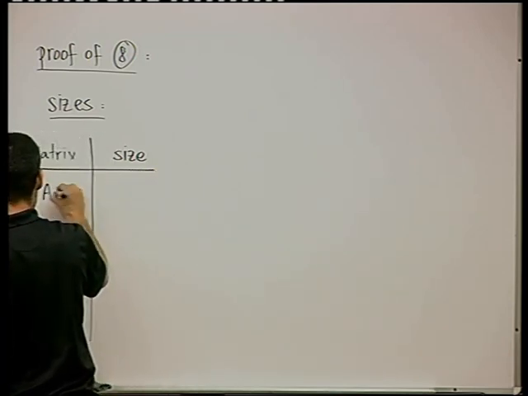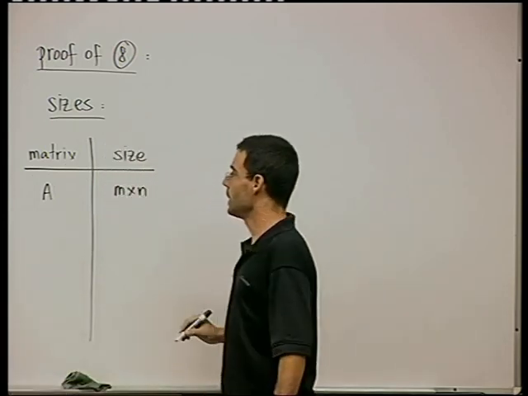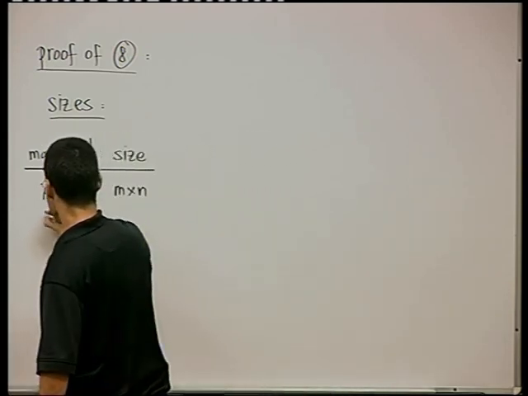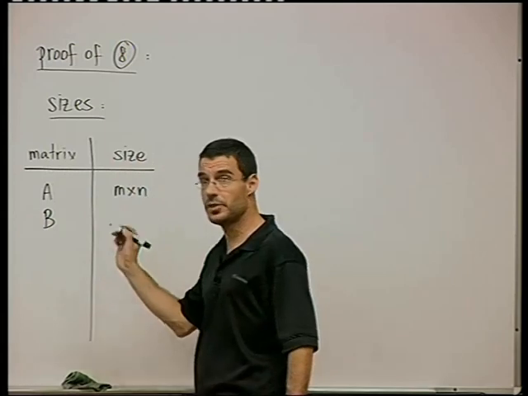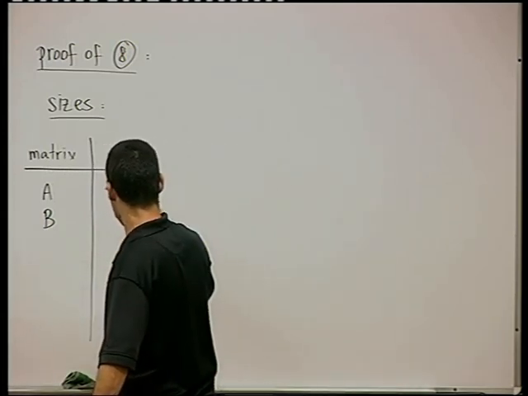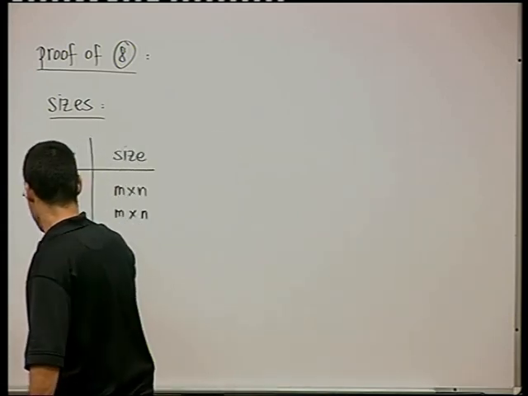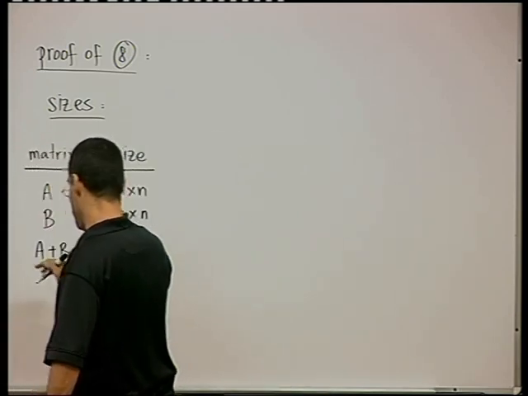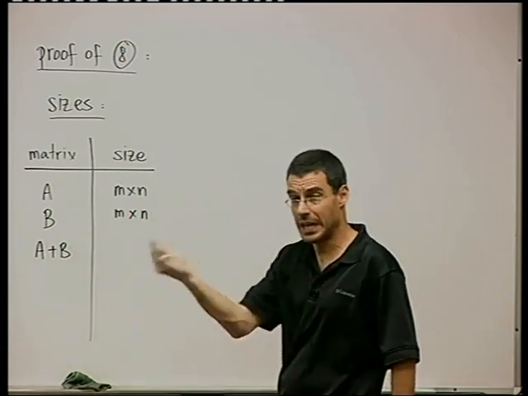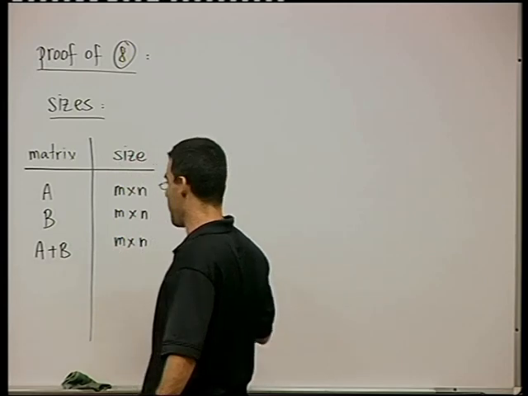So A has some size, let's say m by n. What is the size of B? Right, it has to be the same because we're adding them. So B does not have a choice, it's also m by n. What is the size of A plus B? When we're adding two matrices, we're doing it entry-wise, doesn't change the size. It's still going to be m by n.